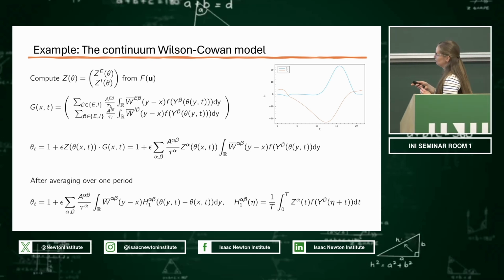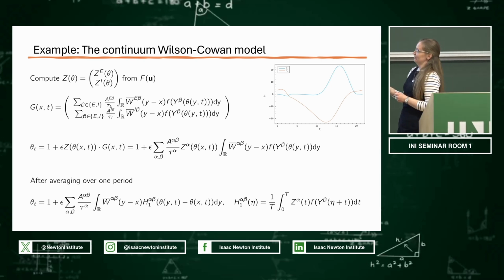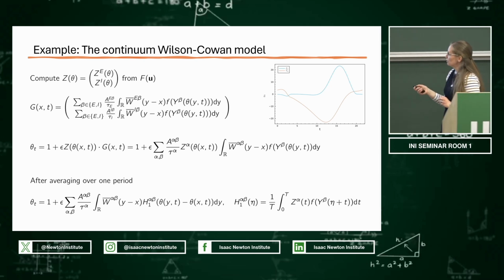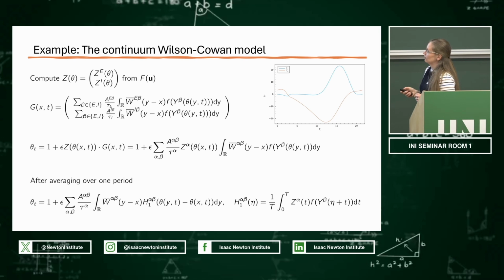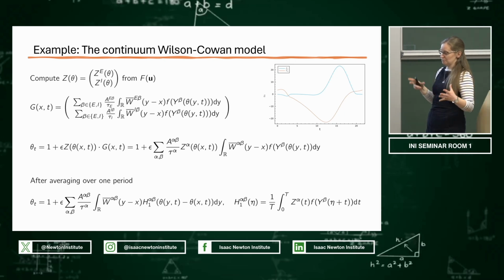Okay, so that's nice. This is our generalized phase equation, which is good, but it's only valid where epsilon is very small because it needs to be a good enough approximation that we stay on the limit cycle.